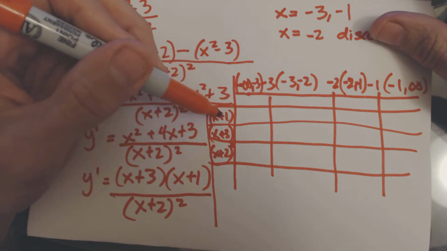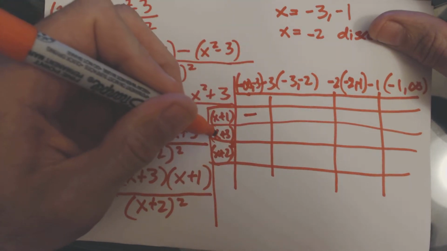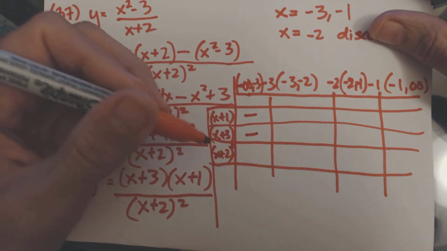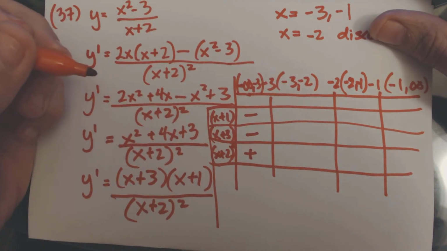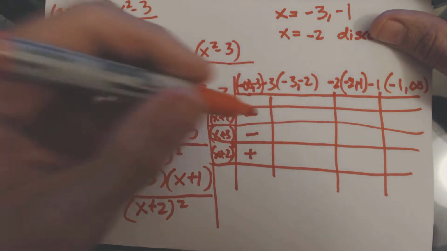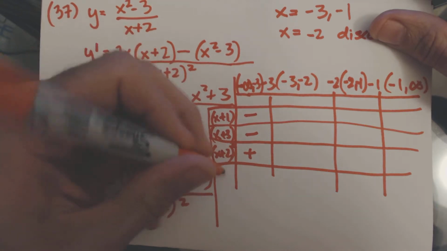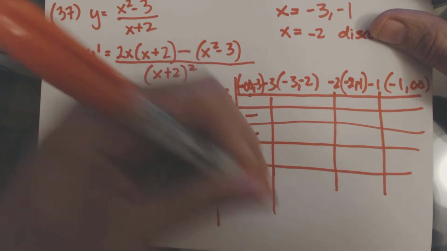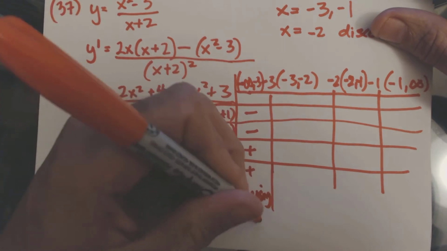Negative 4 plus 1 is going to equal negative 3, so that's going to be negative. Negative 4 plus 3 is going to be negative as well. And negative 4 plus 2 squared is going to be positive. And so negative times a negative times a positive is going to give us a positive f prime of x. And so the function is increasing to the left of negative 3.